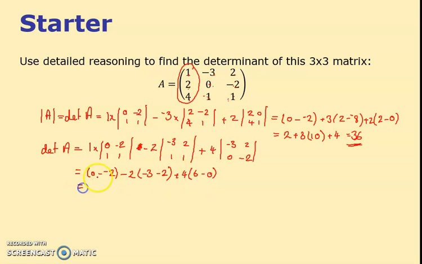Let's work that out. That's 2 minus 2 lots of, well, this is minus 5, so that's times 1 minus 2, that's plus 10. And this is 4 sixes is 24. And bizarrely, even though it's a completely different method, we've still got 36. And the good news is the answer is 36.